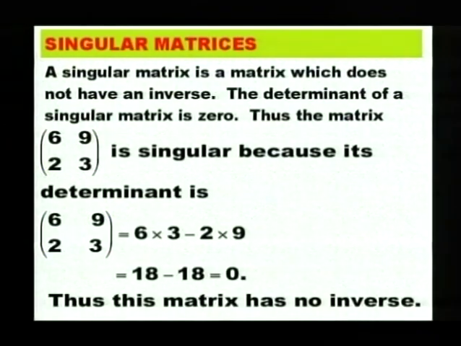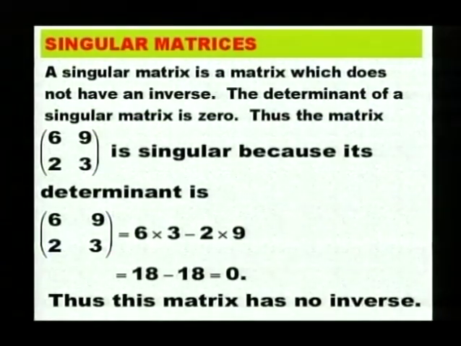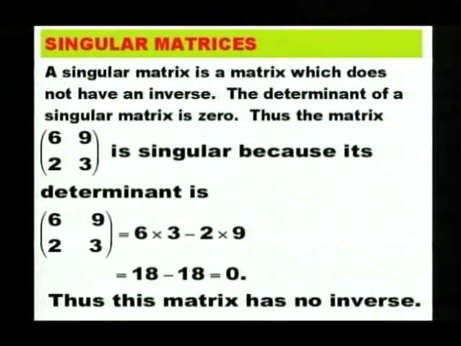That means it has no inverse. That's how you find out whether a matrix is singular: you find its determinant, and if it is 0, then it is a singular matrix.